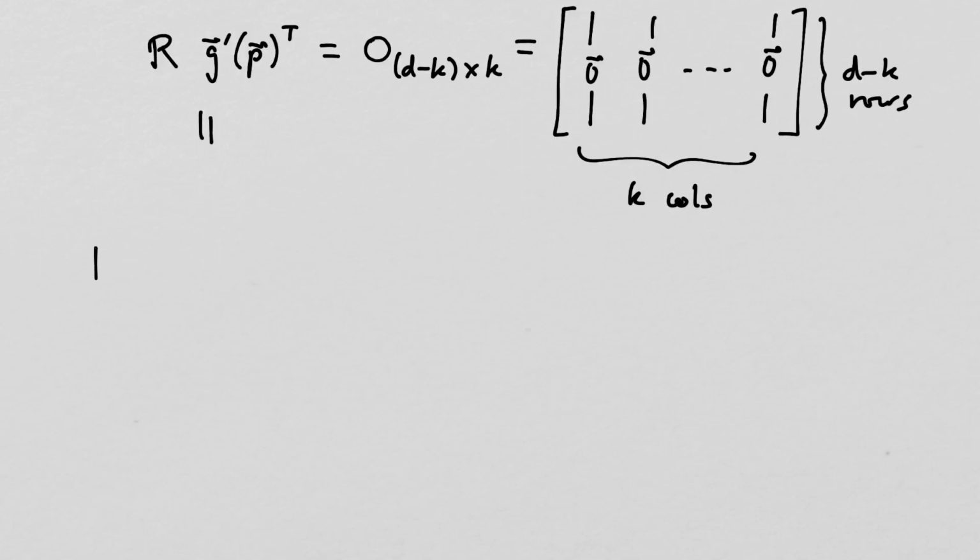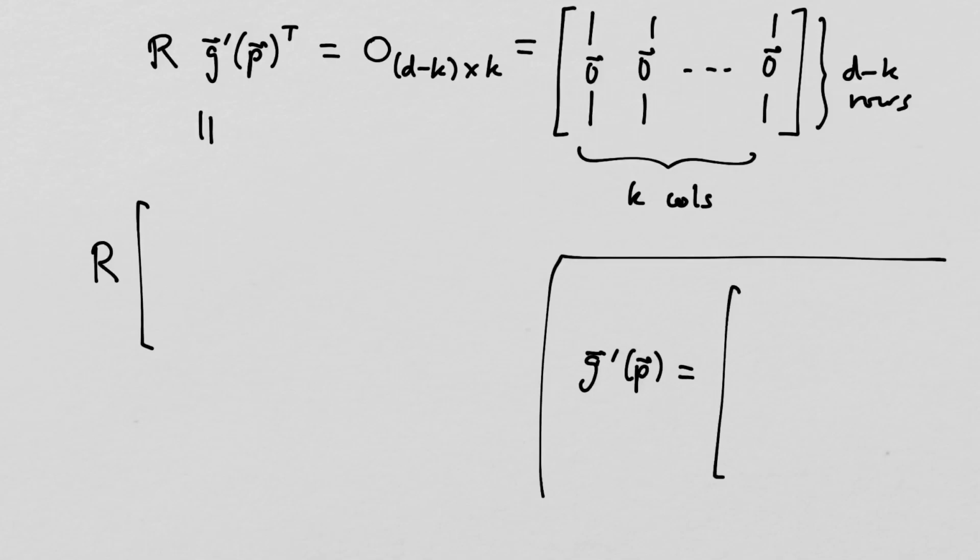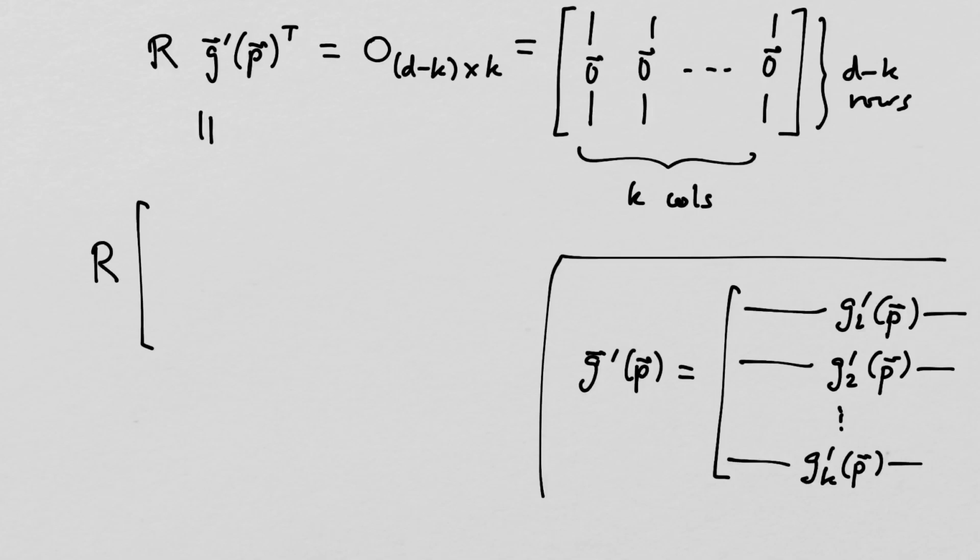What about on this side? I have the R out there. What are the columns of g prime of p? Well, if you look at g prime of p by itself, the first row is g1 prime of p, where g1 is the first component function. The second row would be g2 prime of p, and then you'll have gk prime.